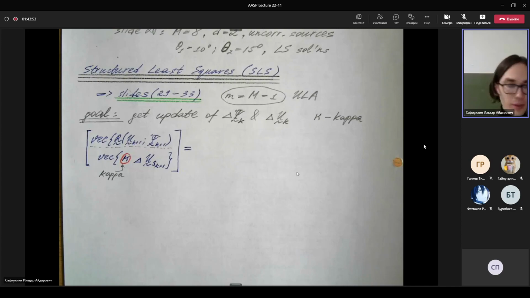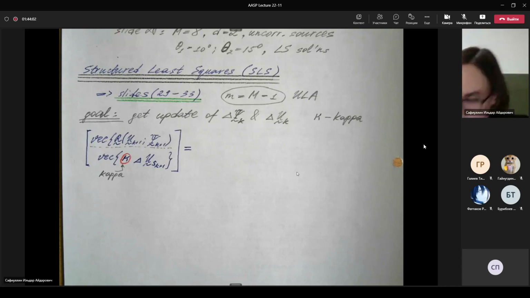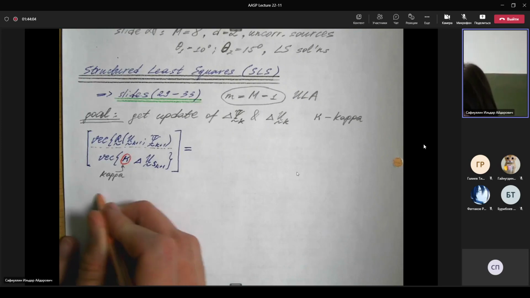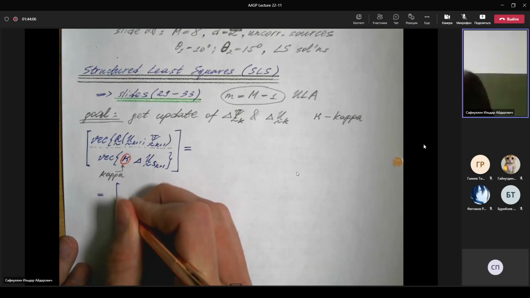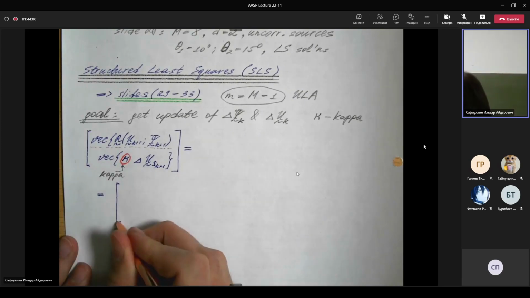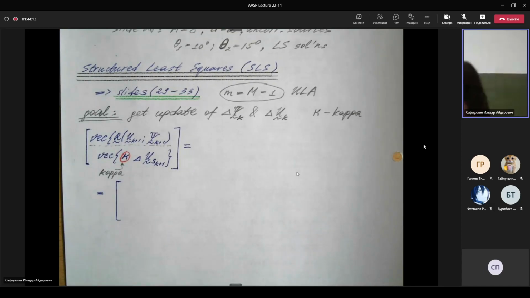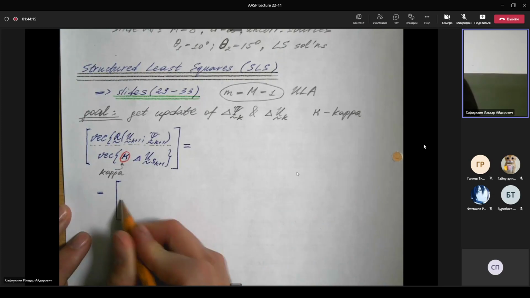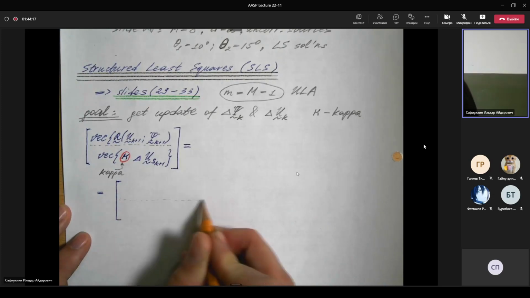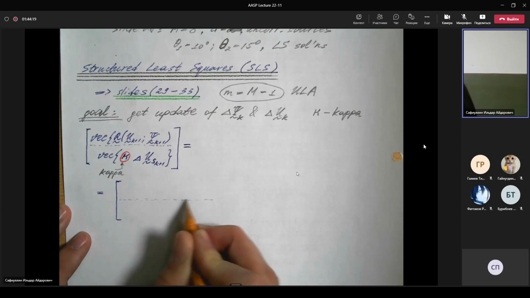Then this vectorization thing. First, let's show what we have for the previous step. It is really a big thing here. In this matrix, we will concatenate 4 different matrices.